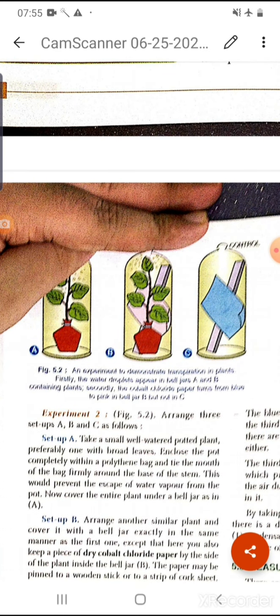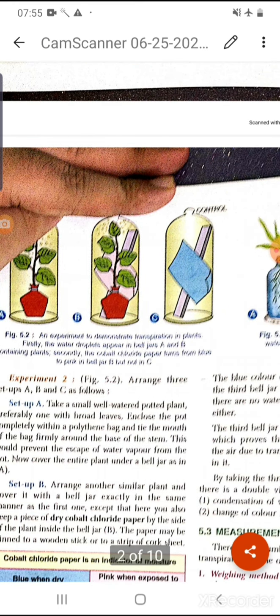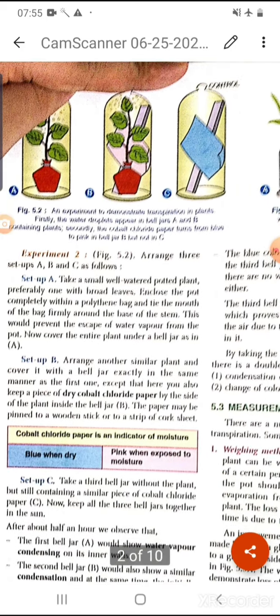As you can see here, setup A shows a small drop of water, but no cobalt chloride is there. In setup B, there is cobalt chloride, and it turns from blue to pink. But in setup C, no plant is there, and we have given the cobalt chloride and no such change occurs.